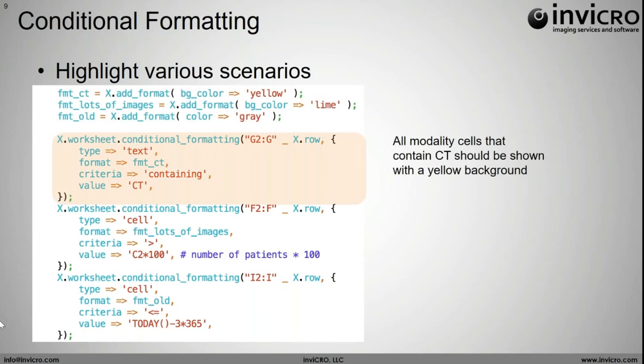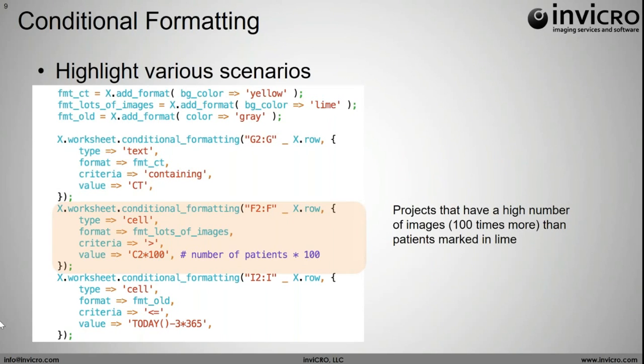And then I'm just defining the G column. So you see here from G2 to G, and that's the maximum row I have. Everything with a text containing CT should be in yellow. So I'm marking all projects that have CT data, and it's just one random example.